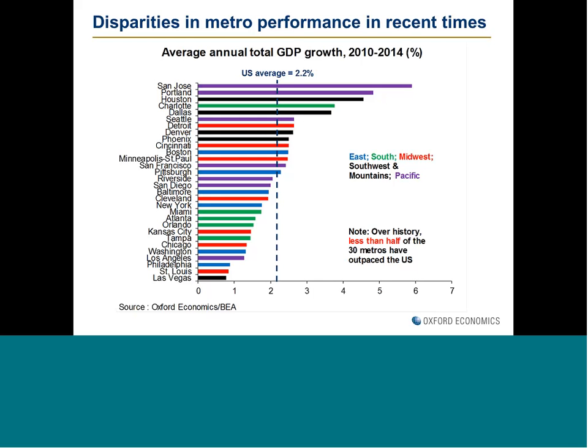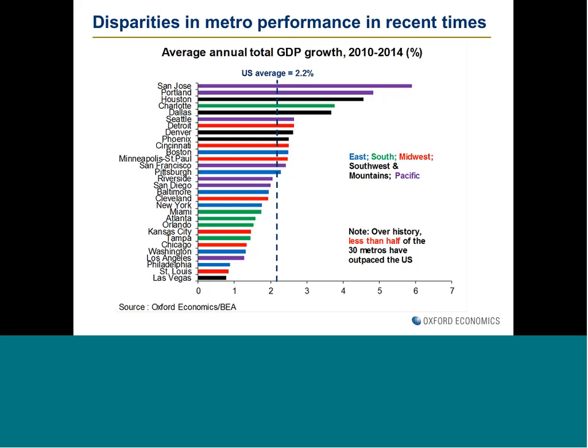You can see that San Jose, the top performer, is growing 8 times quicker than the worst performer, which is Las Vegas. Again, no real surprises here, fairly intuitive. Las Vegas obviously relies heavily on housing and construction, but also consumer spending to drive its retail, hospitality, and leisure businesses.